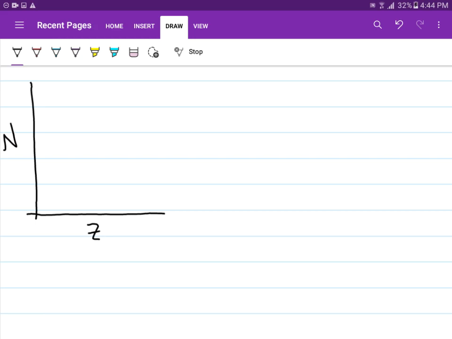So a 45-degree line would tell you that the number of neutrons is equal to the number of protons. So this line tells you that the nucleus is stable. Inside this chart are plotted different nuclides of different elements.